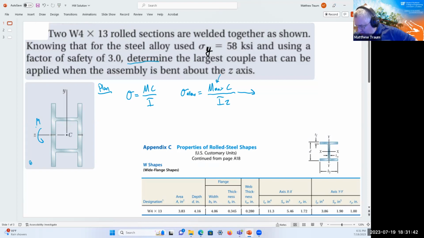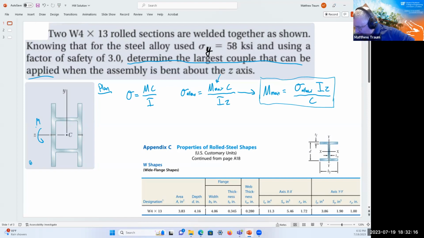That's to determine the largest couple that can be applied. So M max is equal to the allowable stress multiplied by IZ, where IZ is the moment of inertia about Z of this body, over this value C. That is the big picture equation that I'm going for.